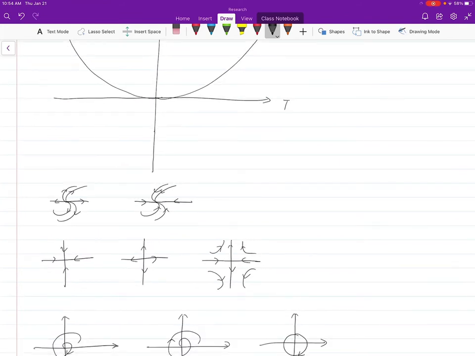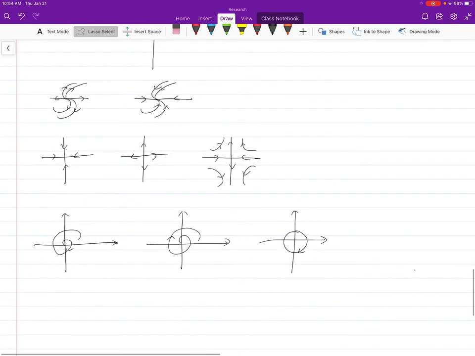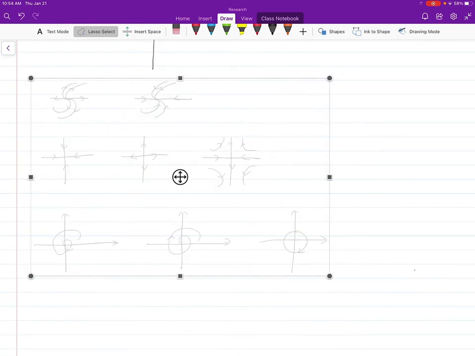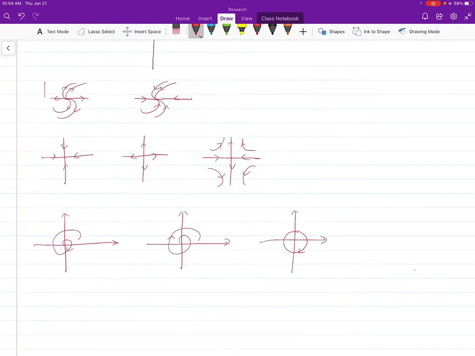So let's give them a different color. Okay, let's give them some picture to make them look nice.